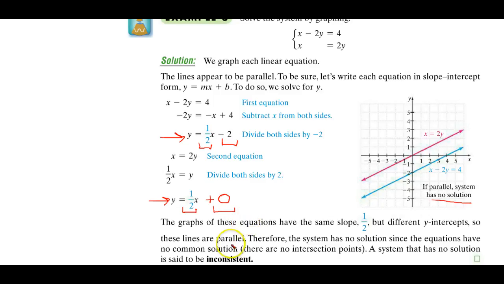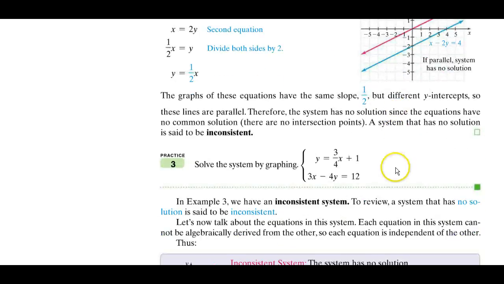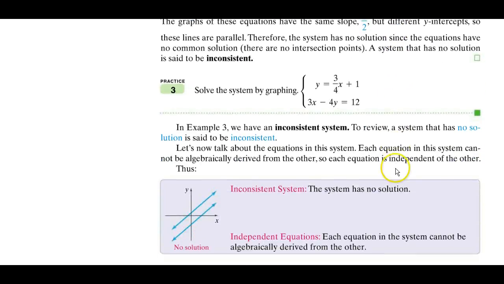Now in this case, we are saying the equations are inconsistent because there is no intersection, or at least one ordered pair that's a solution for both equations. And this would be another one.